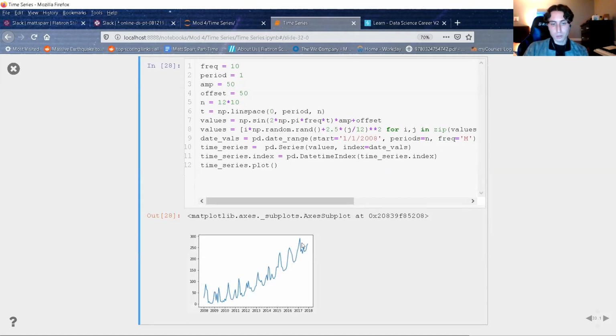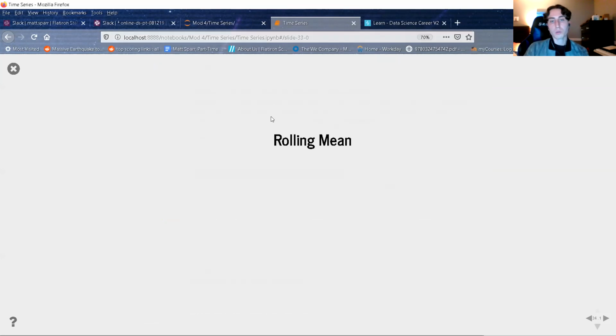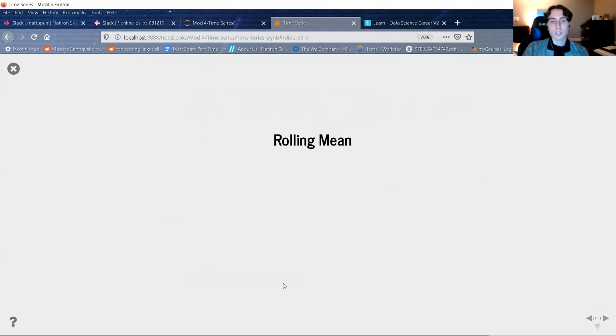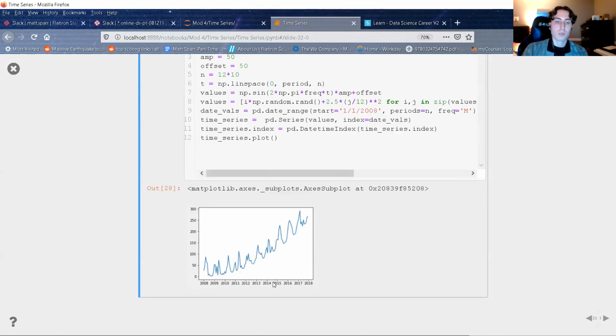You can see it has a trend, but the trend curves up, so it's not linear. One way to print out and view that trend without drawing over the graph is to use the rolling mean. So we have our time series here.